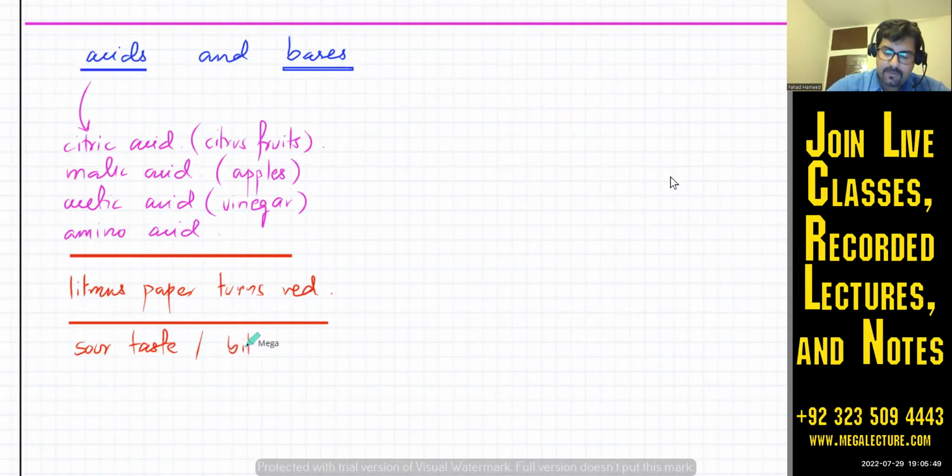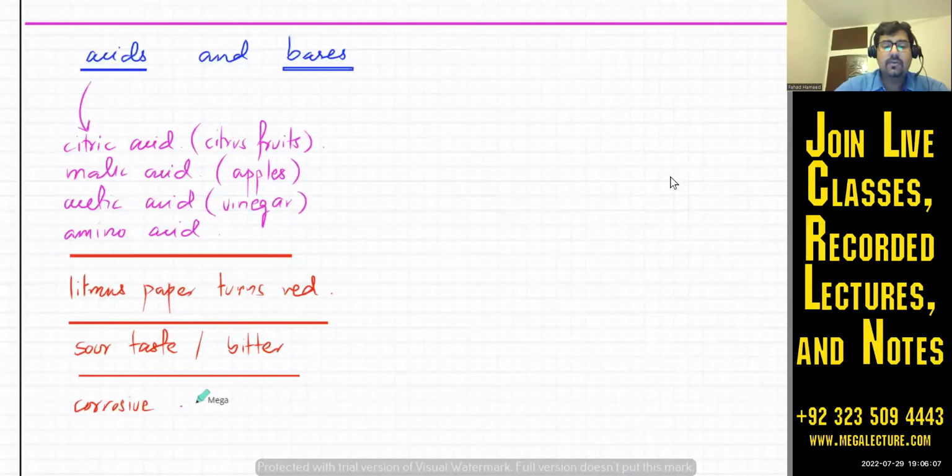It's bitter. I mean, if you look at lemons, it's sour. And what else? It's corrosive. Corrosive means that it can corrode metals. It's dangerous for the human skin as well. So these are some properties. You've got acids everywhere around you, right?